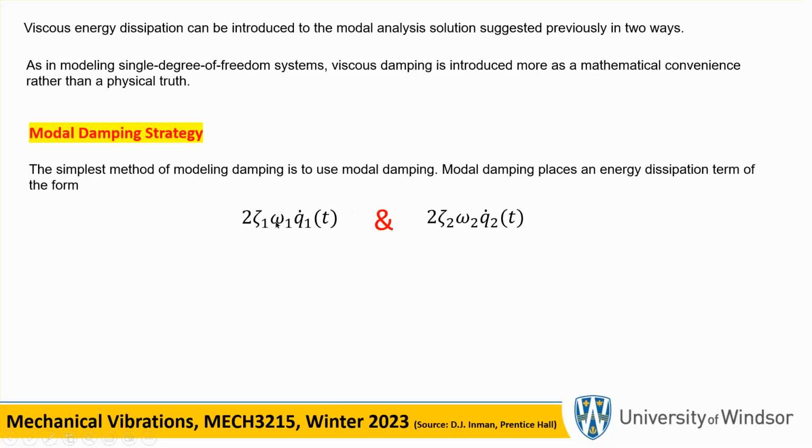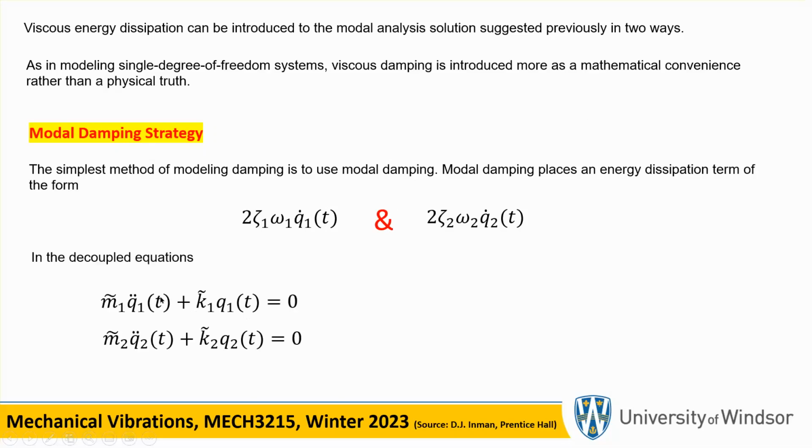Now here we have obviously 2 degrees of freedom, so we just throw this in the 2 equations that we have. Instead of this, which is the decoupled mother of all equations without any damping, keep in mind that this is fine.